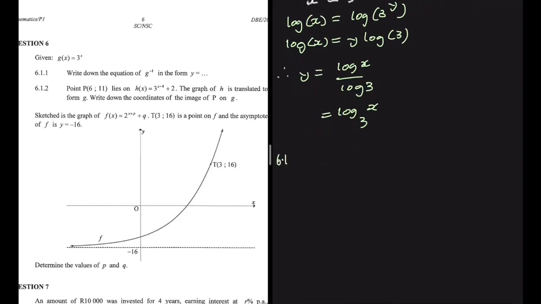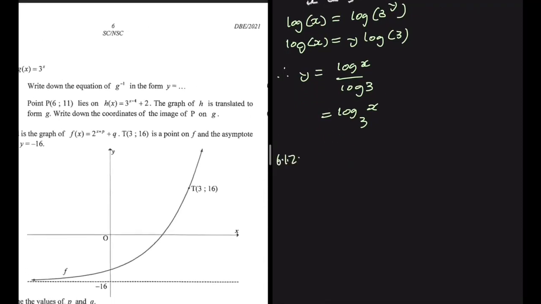And 6.1.2 is saying that point P of coordinates 6 and 11 lies on h of x. So we have h of x, which is equals to 3 to the x minus 4 plus 2, right?